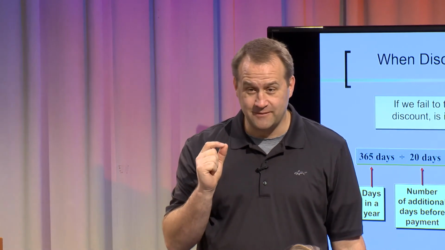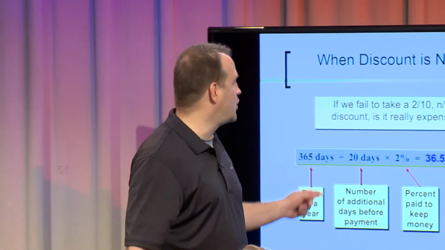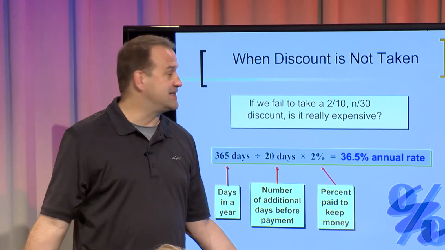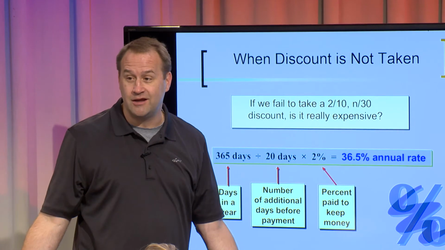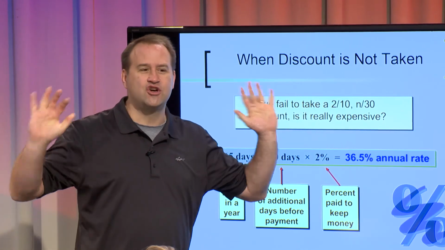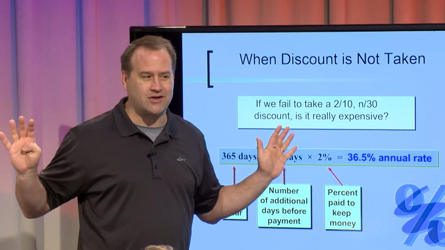Are you with me? And so they end up paying on the 12th day or the 13th day, which is even crazier. If you miss the discount period, you might as well wait till day 30. Am I registering with you? This is good real life stuff that I'm telling you, okay?